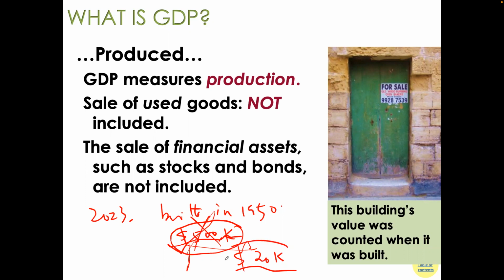However, this 20,000 is going to be included in GDP, because it's paid for the service Berkshire Hathaway provided, so that you can do this transaction and get the house you need. Is it clear?